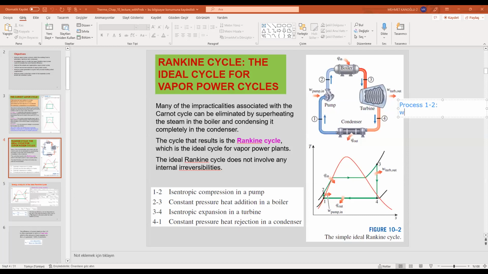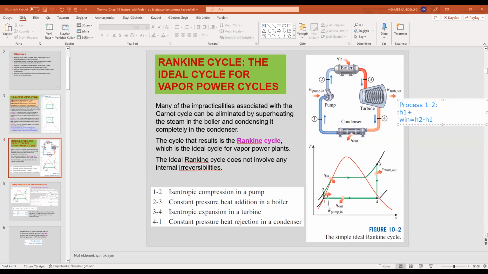The work input for this process is equal to H2 minus H1, enthalpy at state 2 minus enthalpy at state 1. How did we obtain this? From an energy balance on the pump. If you write an energy balance on the pump on a unit mass basis, there is energy entering by mass per unit mass, which is H1.